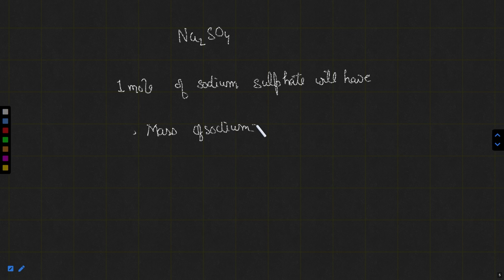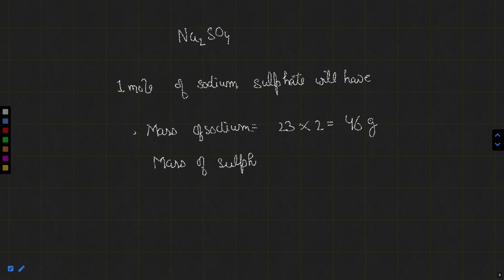Since two sodiums are present and 1 mole of sodium has a mass of 23, 23 into 2 would give us 46 gram. Now the mass of sulfur that is present.